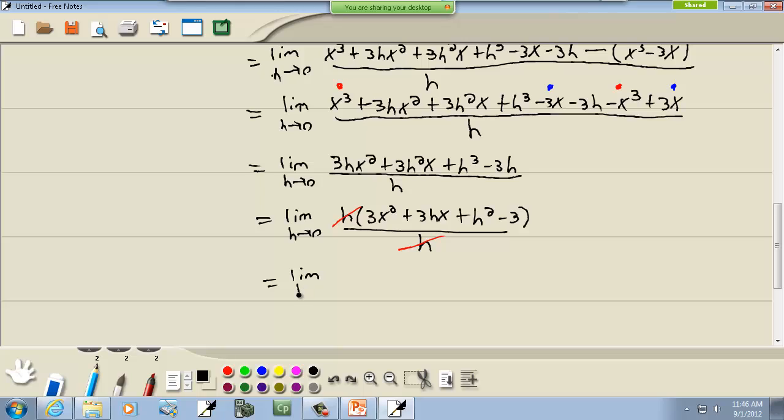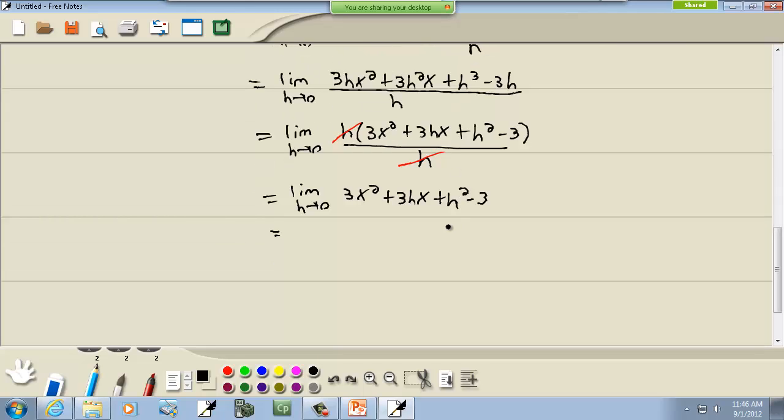And that h that was downstairs is what was causing us a problem. Now we can plug 0 in for h, and this is our derivative. So this becomes 3x squared plus 3 times 0 times x plus 0 squared minus 3. Or our derivative is equal to 3x squared minus 3.